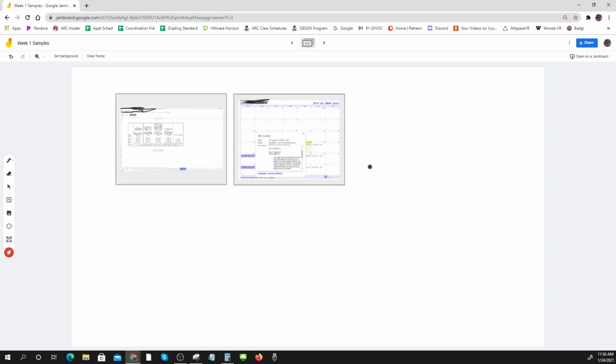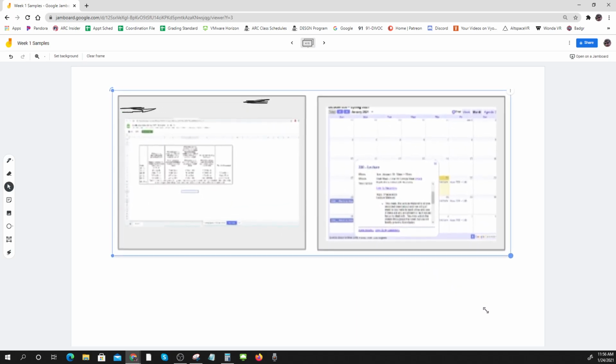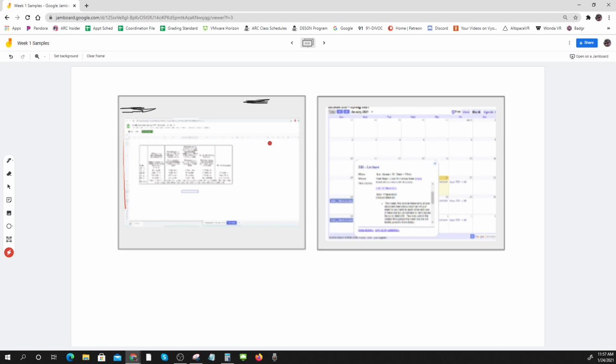Now, the next area that had a lot of questions, and let me make this a little bit bigger so that you can see it, was on margin work, being able to have margin. Look, I didn't do a very good job here. When I moved that, I lost some of this stuff, but that's okay.